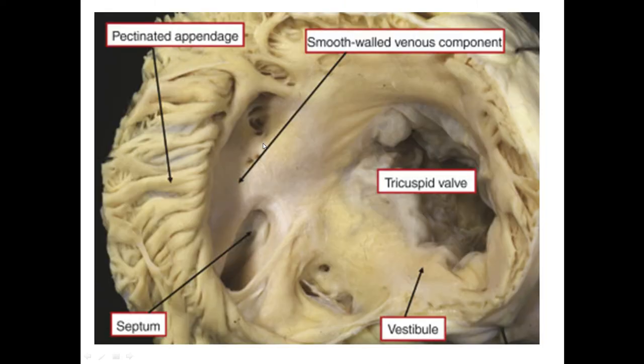Let's see once again. We can see the smooth posterior part, the rough anterior part, and can you see the muscular ridges over here like the teeth of the comb?